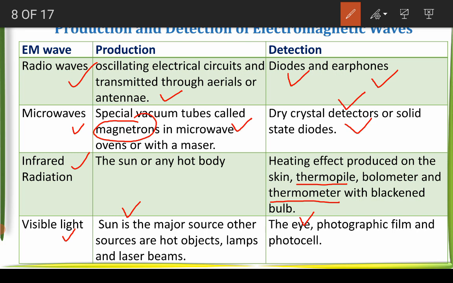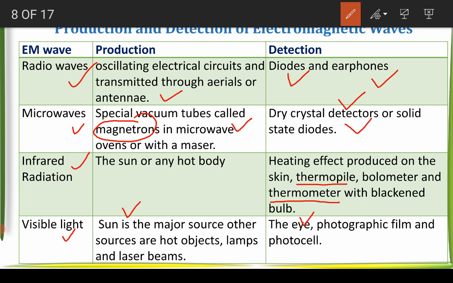But also photographic films. Photographic films are coated with some chemicals such as silver bromide. When you expose photographic film to light, the film will change its color due to the reaction that happens between the visible light and the chemicals that are coated on the photographic film.